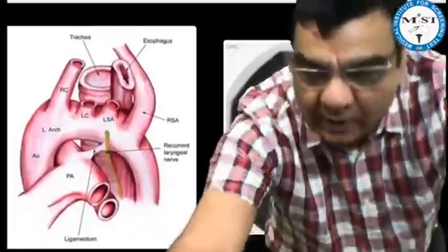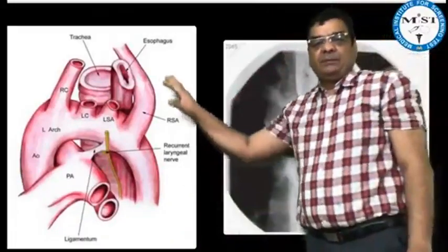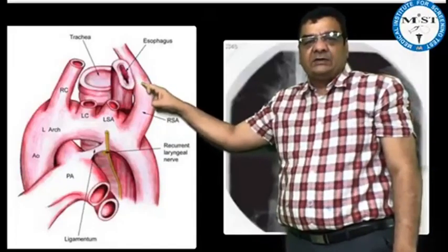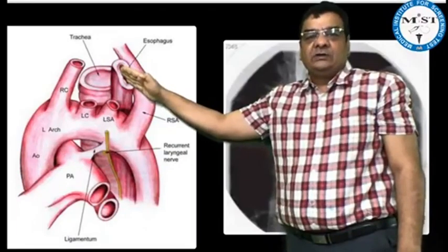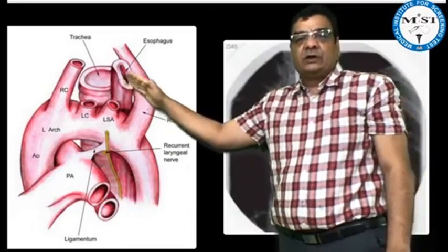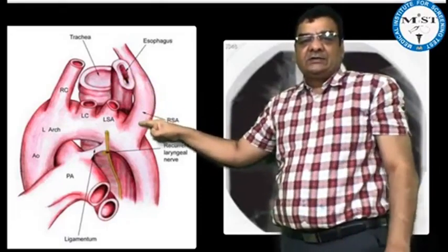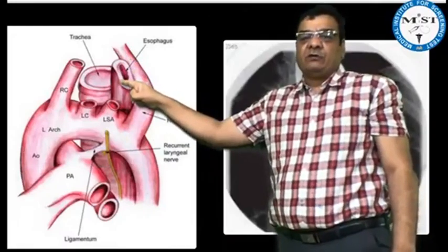Now in this particular case, whenever there is an aberrant right subclavian artery like this, it may press onto the esophagus, and this is going to cause dysphagia. So the reason for dysphagia lusoria is this aberrant right subclavian artery which is pressing on the esophagus.